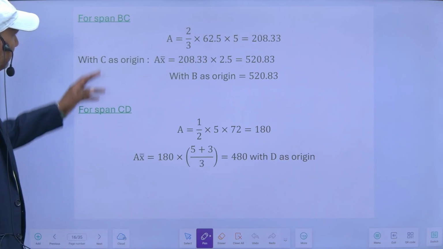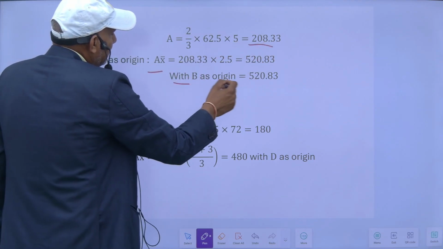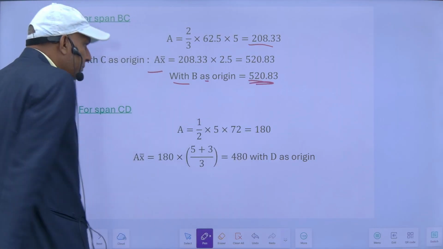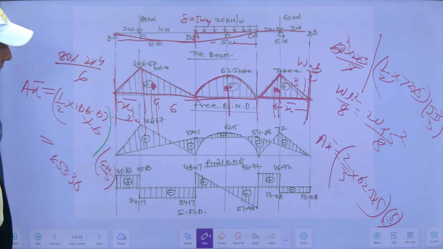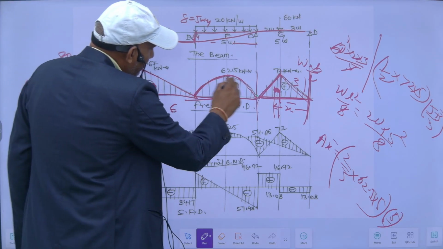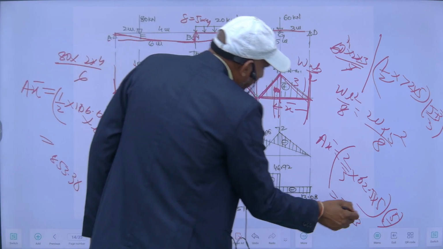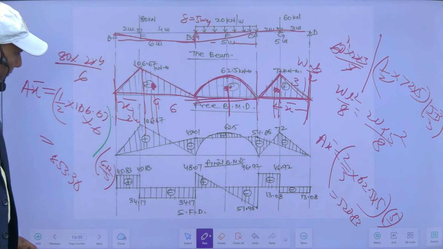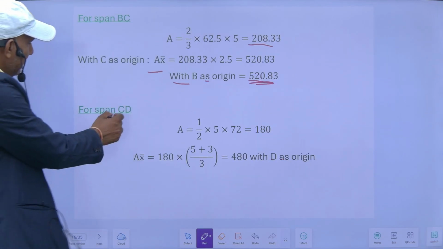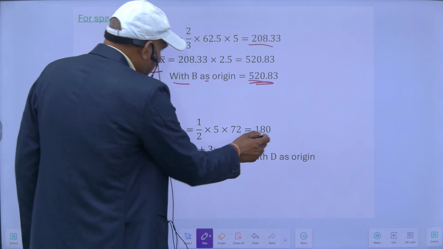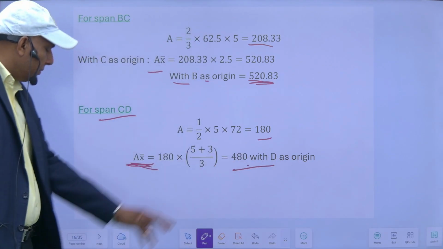For span BC, A x bar will be 520.83. For span CD, the area is 180 into this, so this will be 480 with D as the origin.